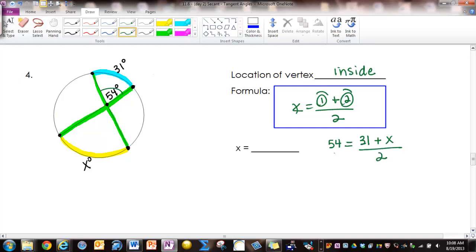Now, in order to solve this algebra problem, we need to put the 54 over 1 and cross multiply. 54 times 2 is 108, equals 1 times 31 plus x, which is 31 plus x. Subtracting 31 from both sides gives x equals 77 degrees.